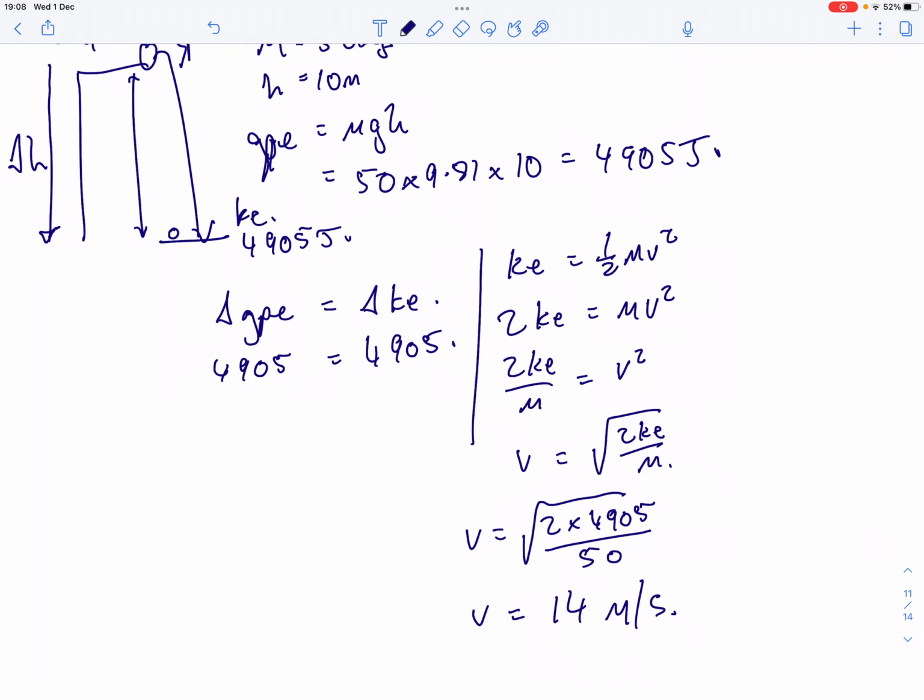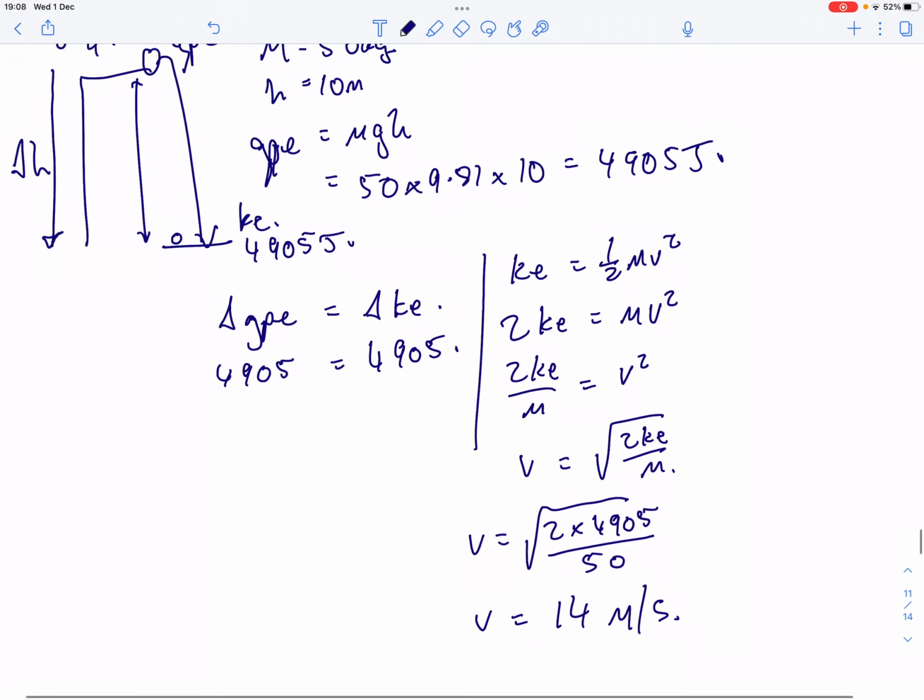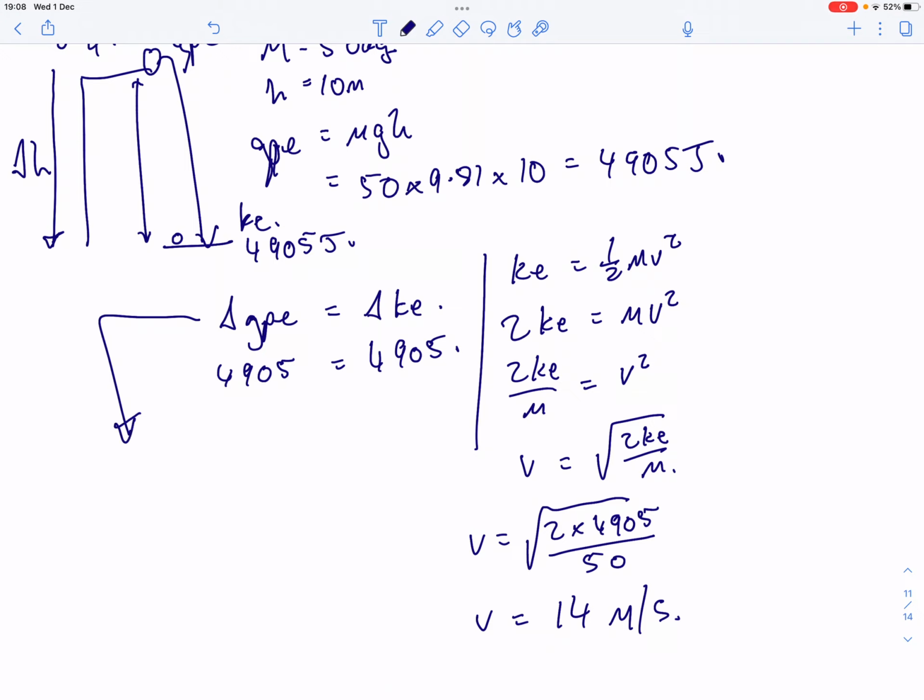Okay, so that's how you do that one. That's a 2-step calculation, but there is a quicker way if your algebra is up to it. And the way to do that is to take this equation and substitute the actual equations for those two things. So gravitational potential energy is mgh, and you can set that equal to a half mv squared algebraically, and then rearrange that entire thing for velocity. Don't worry if this is too much for you.